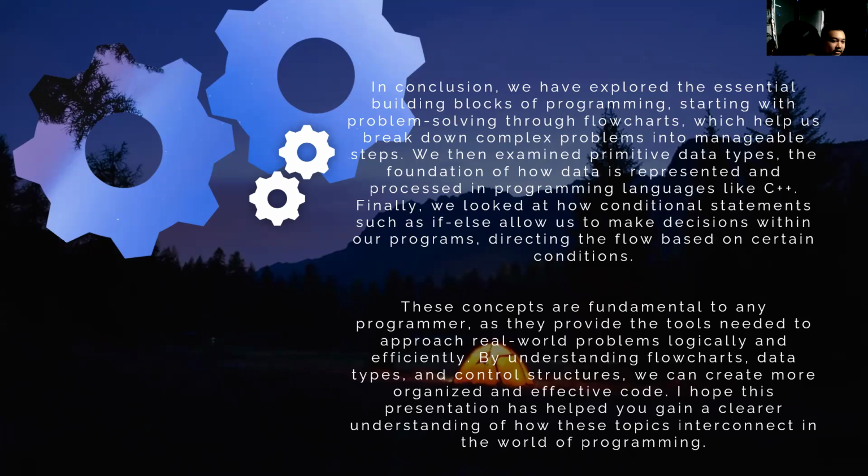Together they provide a comprehensive framework for solving problems logically and efficiently. Understanding and mastering these concepts is key to writing clear and effective code, whether you're just setting out or developing more complex programs.